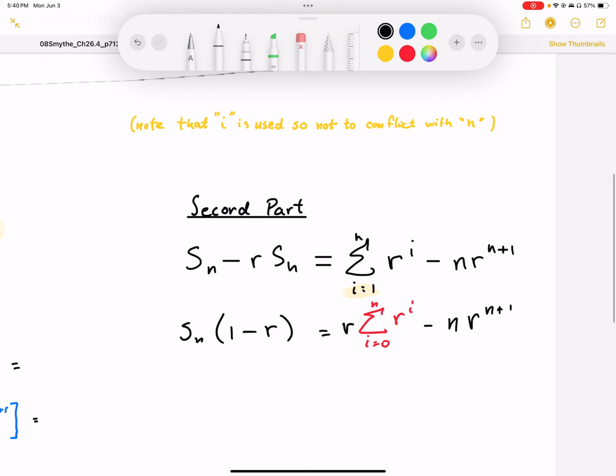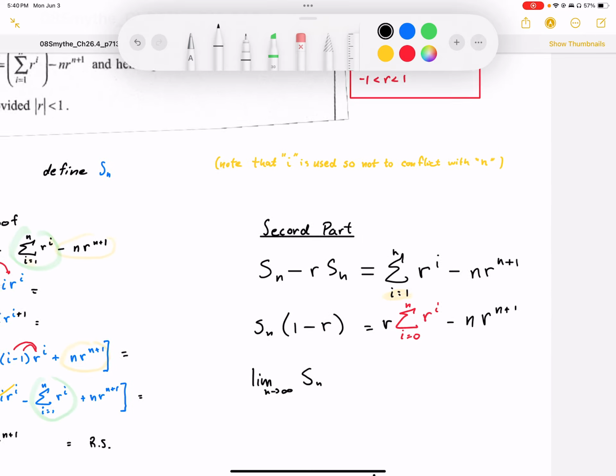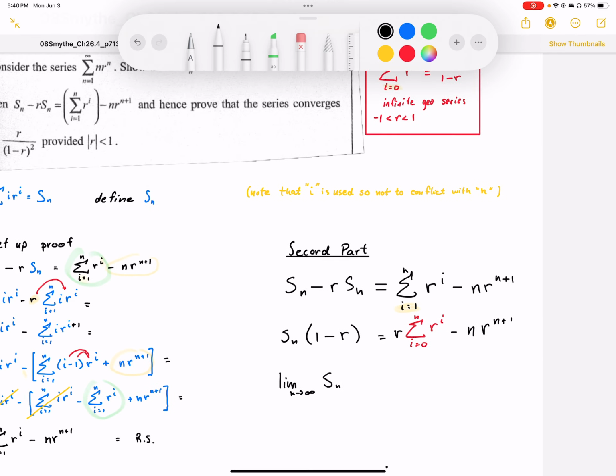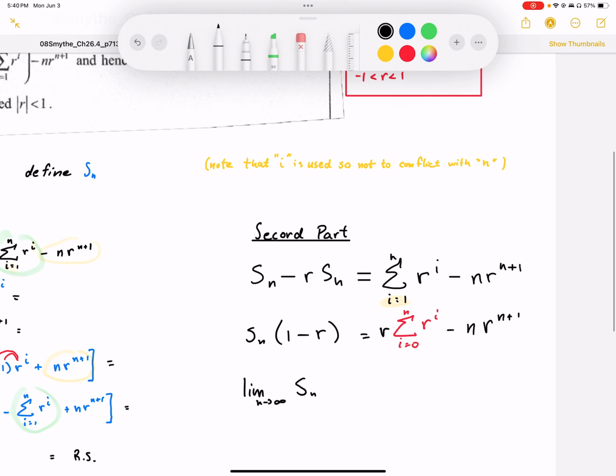We're trying to find the S value, so we're trying to find a limit. I'm going to take the limit as n approaches infinity of Sn, and that's what we're trying to prove the series converges for. Now I'm going to take the 1 minus R and divide it on the other side.